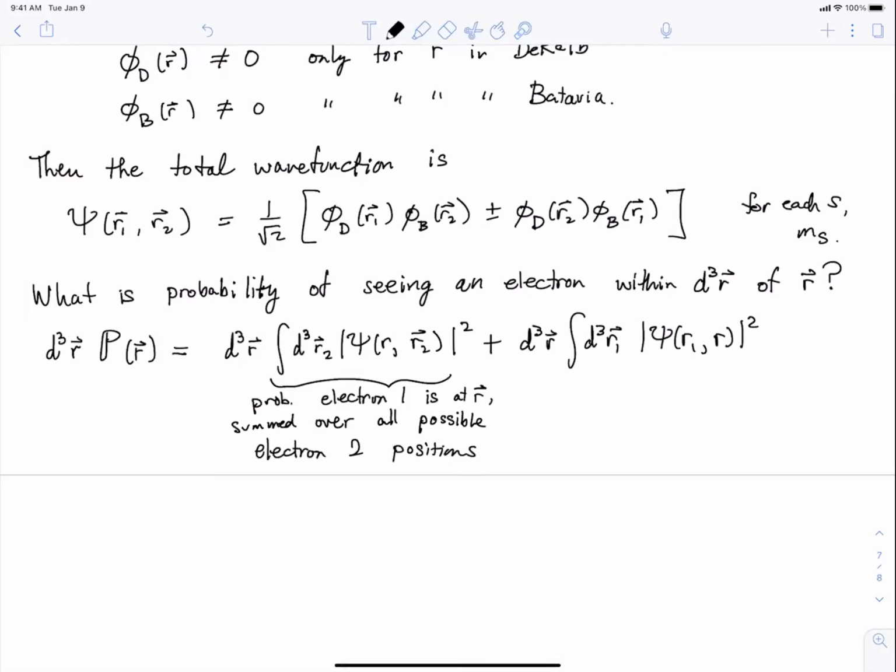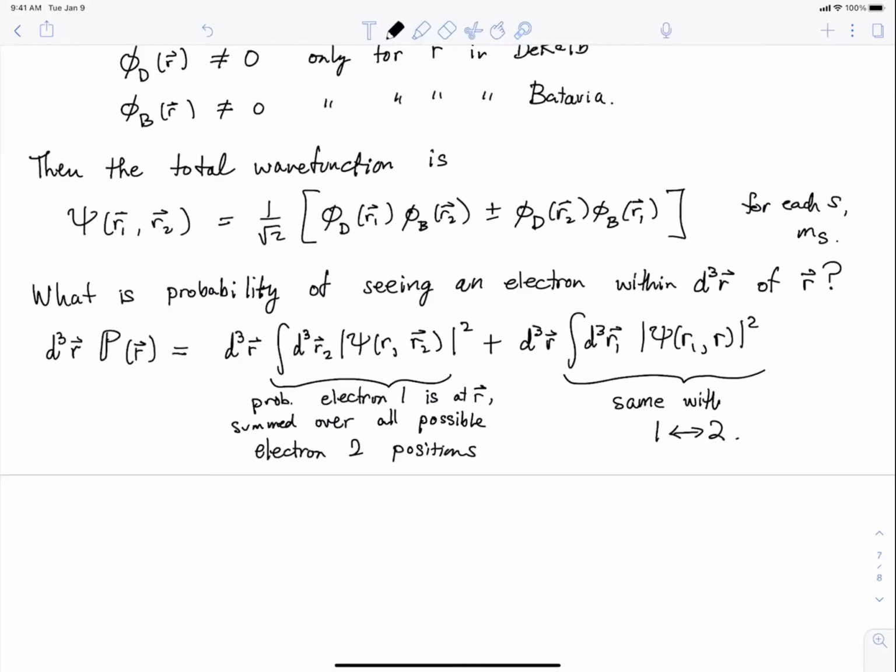And the interpretation of this term is that that is the same thing except with the roles reversed. And the sum of those should be the probability that I find either one of the electrons at the place that I'm worried about.